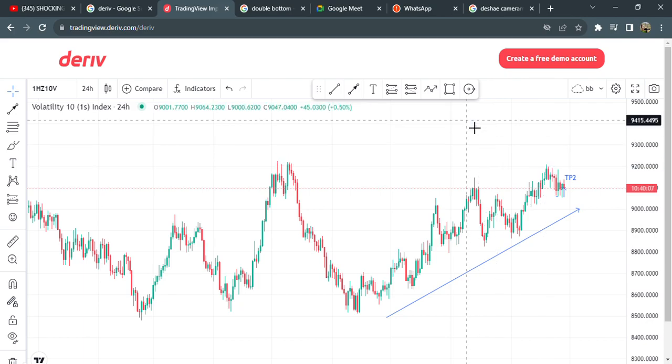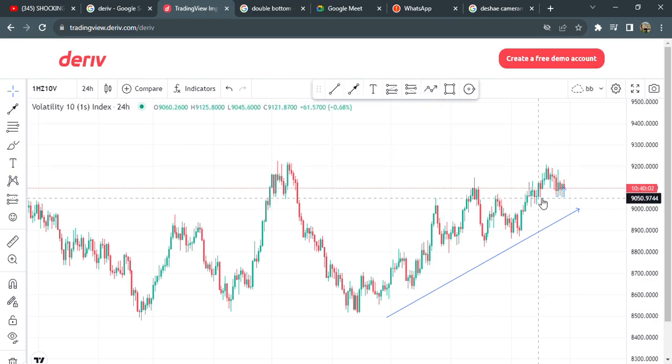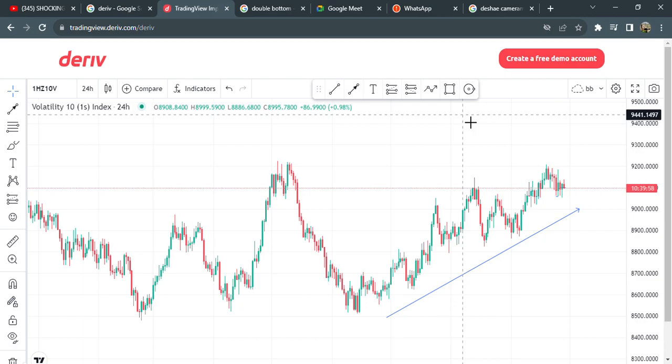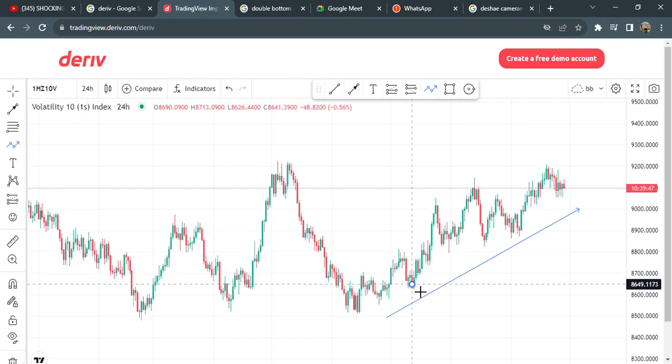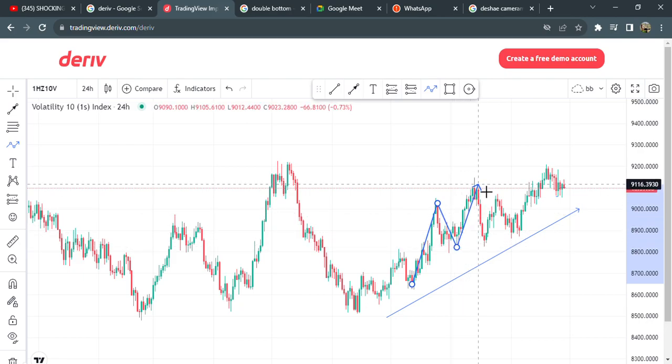So basically, as we are here, I'm trying to remove this because I had analyzed it already, so I'm just going to do it afresh. As you can see, it's an uptrend, and in an uptrend, the market makes higher lows, higher highs, higher lows, higher highs.